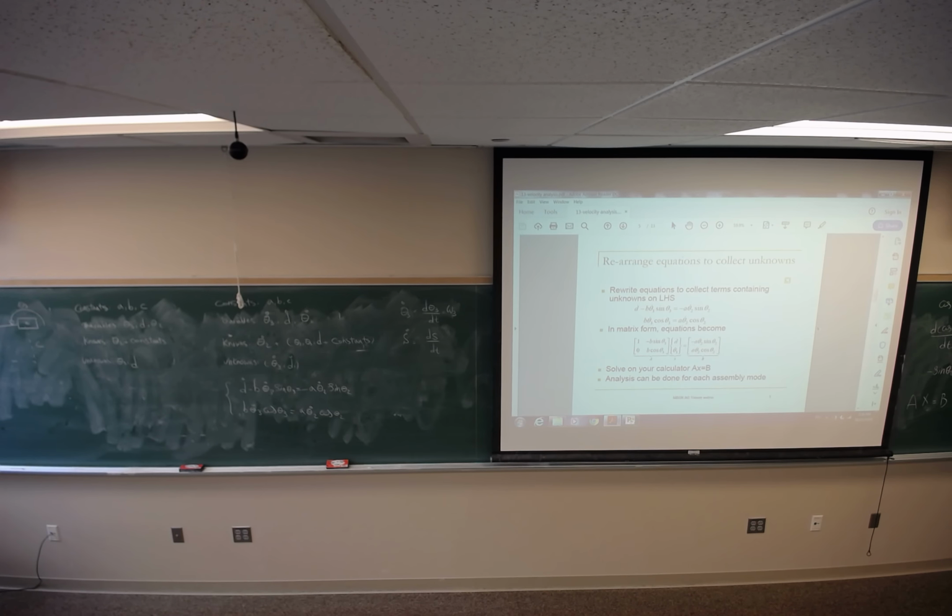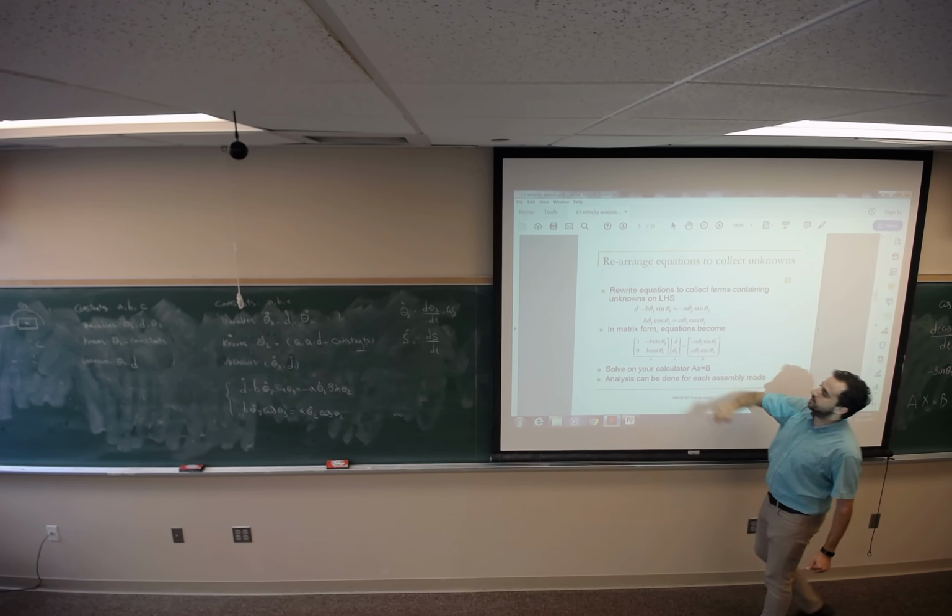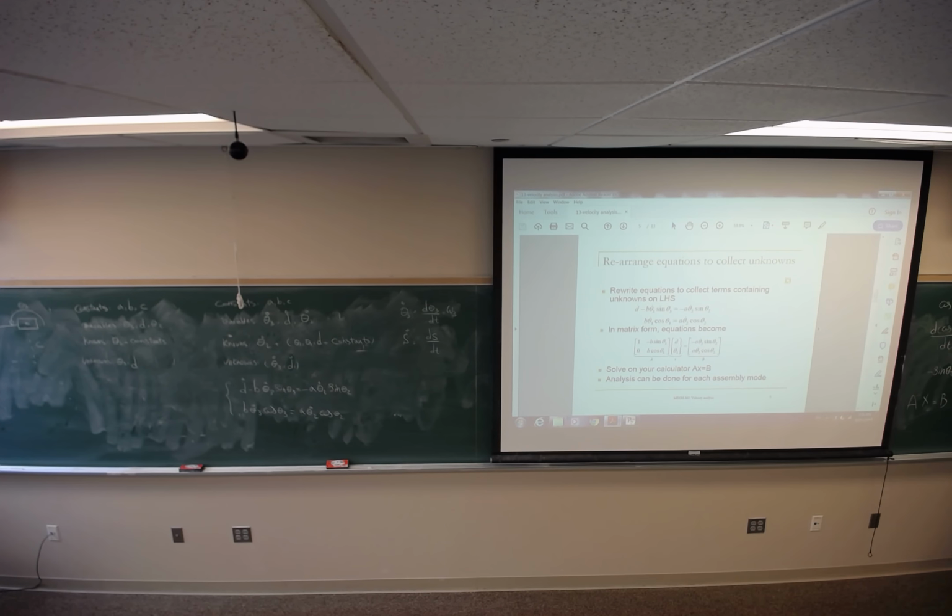It's going to have 4 terms, 2 by 2. Matrix X would be our variables, which are d dot and theta dot 3. You can have theta dot 3 up and d dot here, or vice versa. And C is going to be the constant matrix, which is 2 by 1.